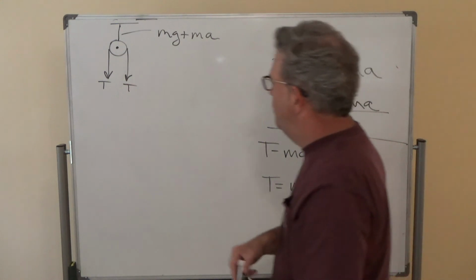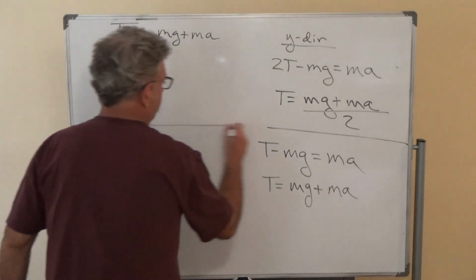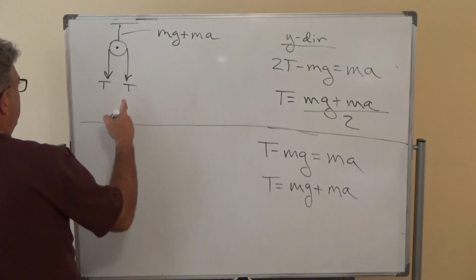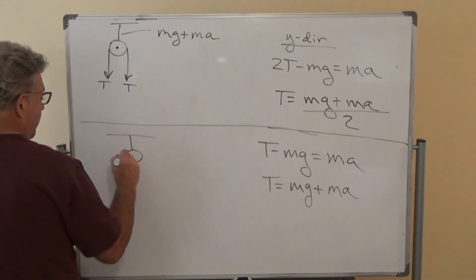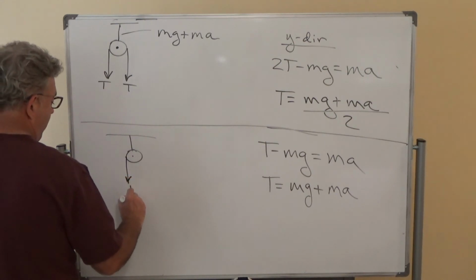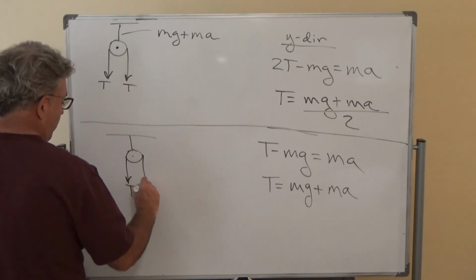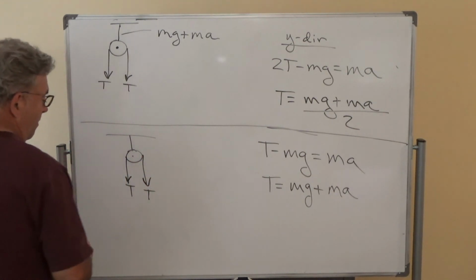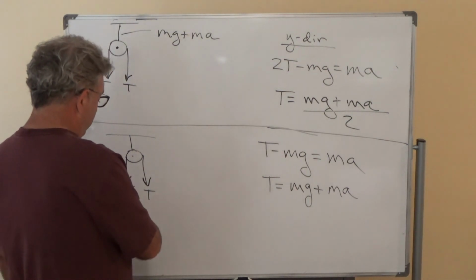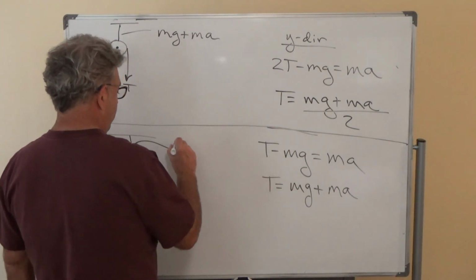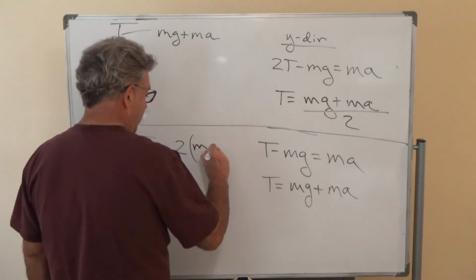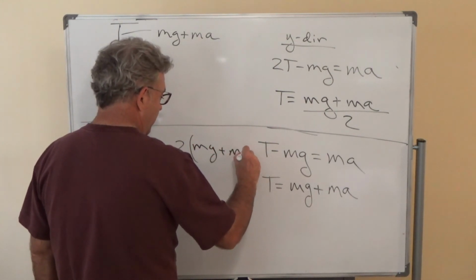Let's look at case 2. Case 2 is the exact same scenario, but one person's on the ground and one person is in the chair. So this force is going to be twice this tension. So you get 2 times mg plus ma.